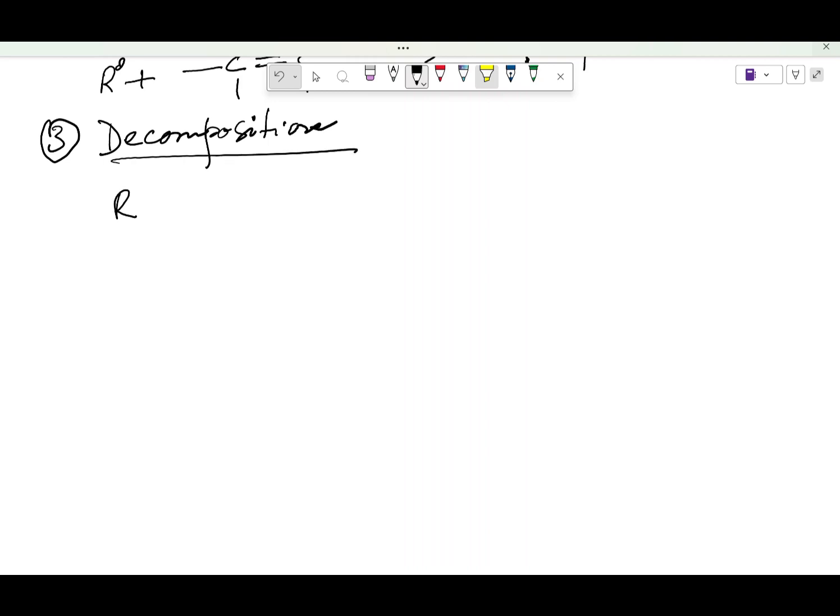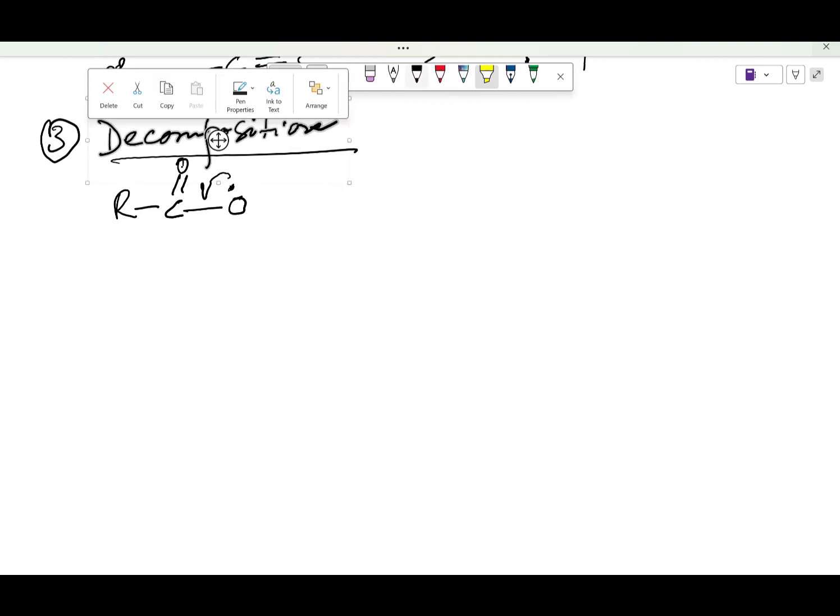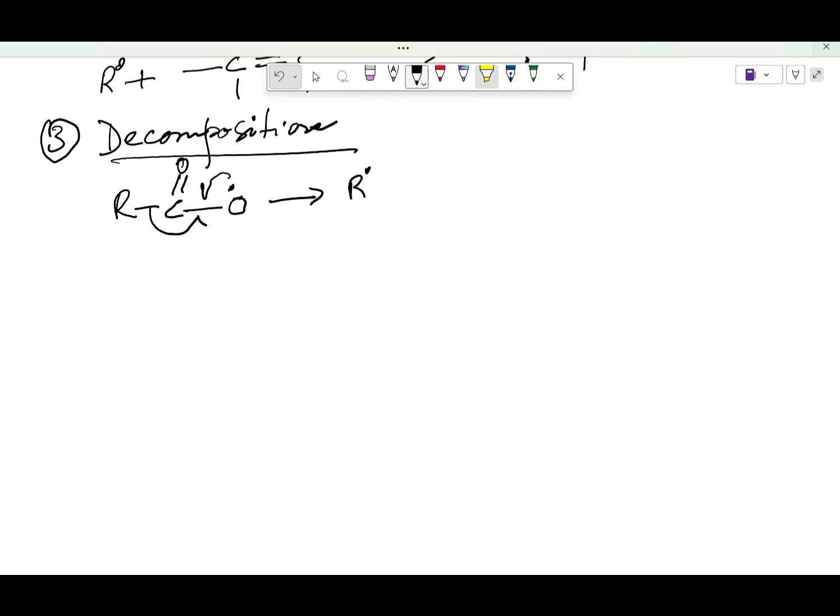For example, this type of free radical is with us. That's why this can migrate in this way, and you are getting R with free radical and CO2 is liberated in this way. This is called the decomposition.